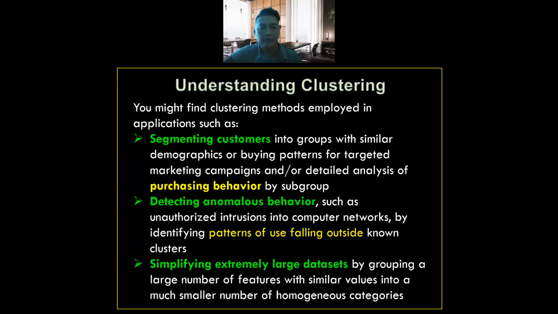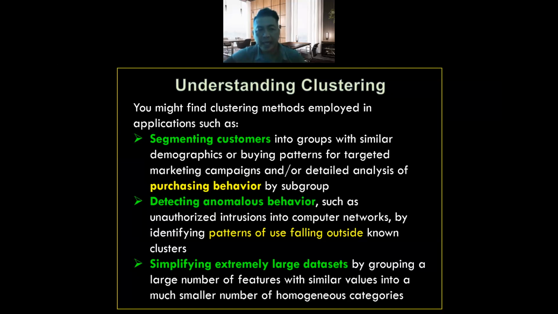For example, in the first one, segmenting customers into groups with similar demographic or buying pattern. They will look at your demographic and your buying pattern, and group you based on your demographic characteristics or buying patterns. By doing that, they can focus on individual clusters for the item that they want to promote.